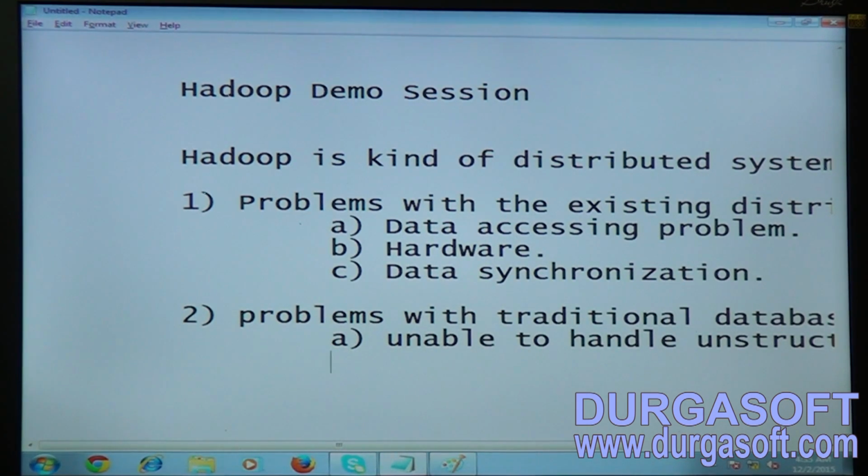But we need a system to store and process the data. Can't the database systems store and process it? No, they are not able. Whatever database systems we have are built for storing and processing structured data only. So this is one of the problems with existing database systems: they are unable to store unstructured data. The second kind of problem is vertical scaling.